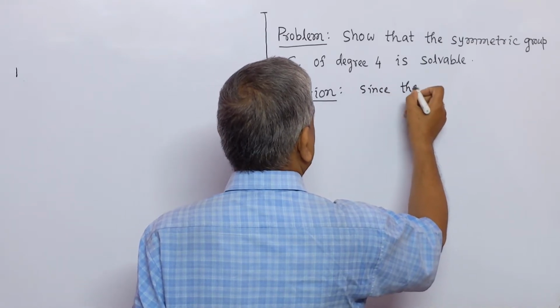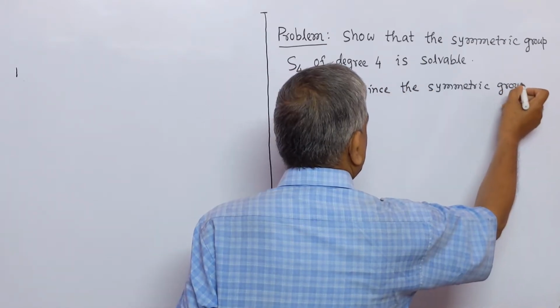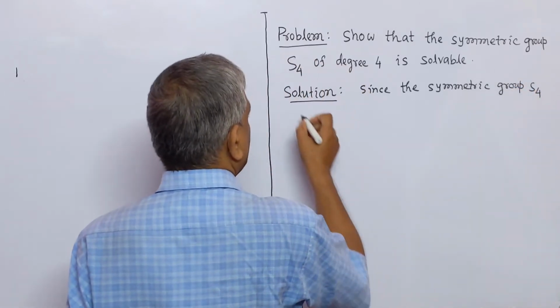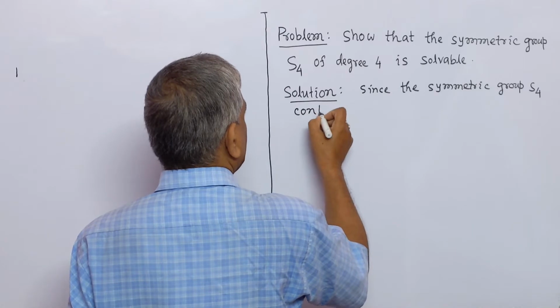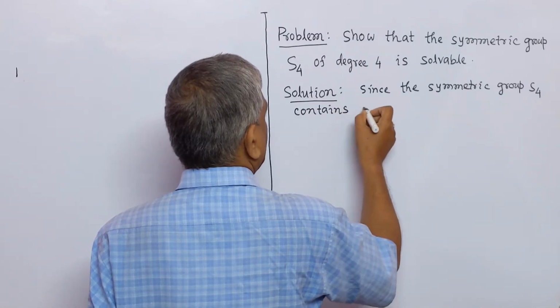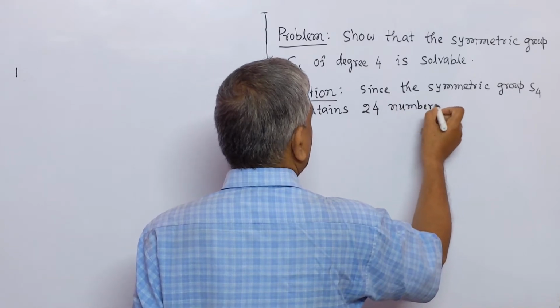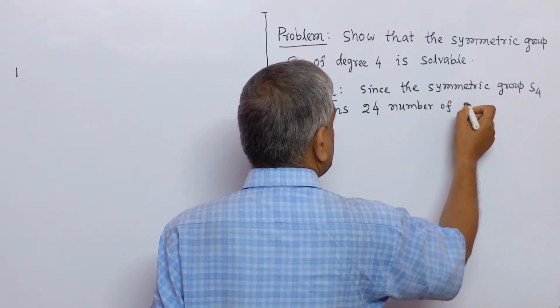the symmetric group S4 contains 24 permutations.